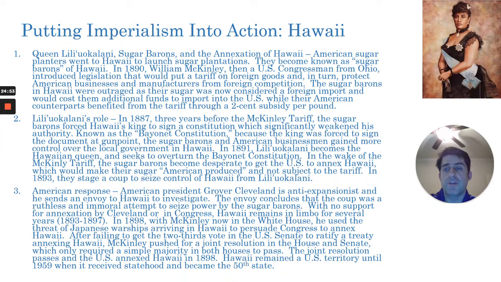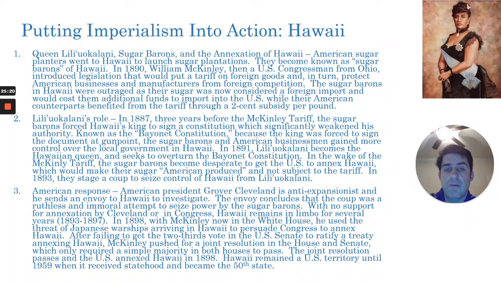The sugar barons had forced Hawaii's king to sign a constitution which significantly weakened his authority. This constitution was known as the Bayonet Constitution because the Hawaiian king was forced to sign the document at gunpoint. And as a result, the sugar barons and the American businessmen gained more control over the local government in Hawaii.